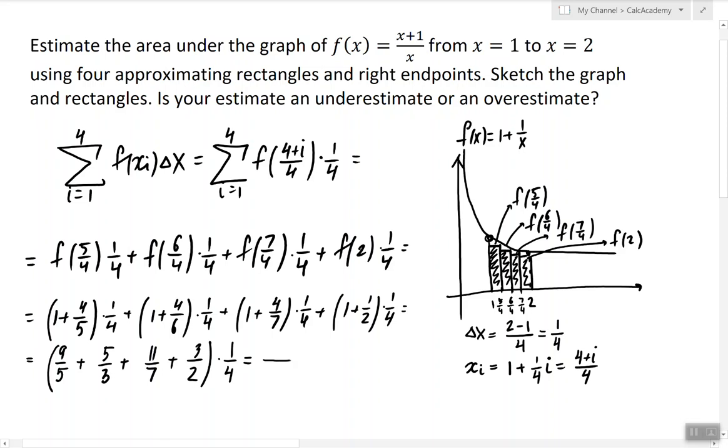Finding the common denominator of all these fractions gives us 210 times 4, and adding the numerators, we get 9 times 42 plus 5 times 70 plus 11 times 30 plus 3 times 105.